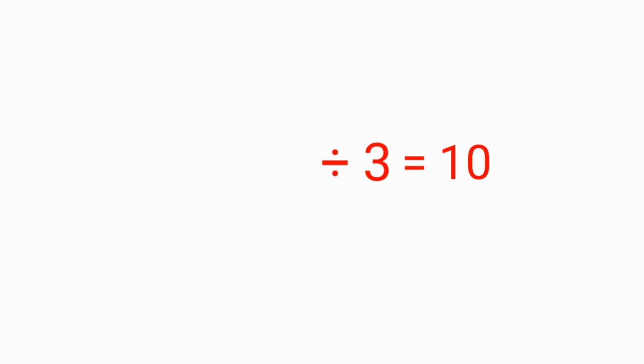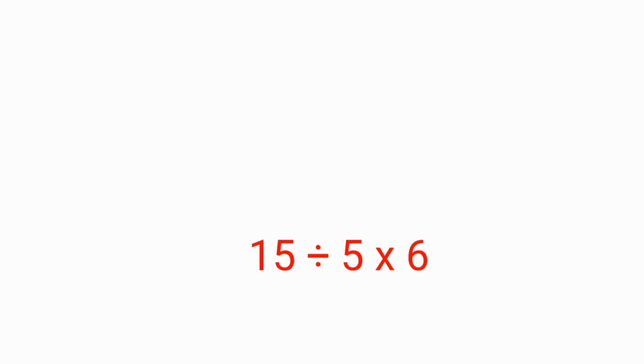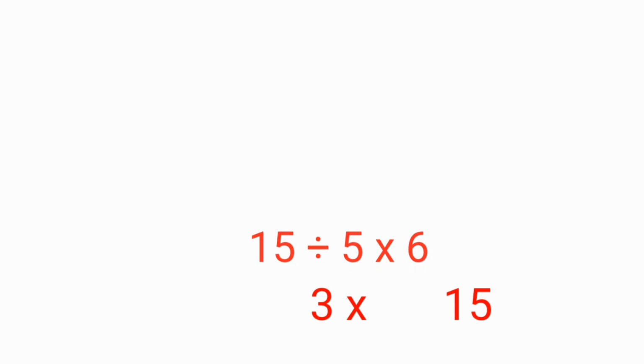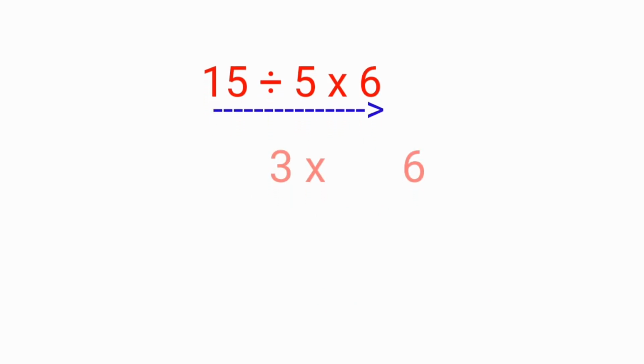However, if it is switched around and you have the division first, moving from left to right, then you must do that first. So 15 divided by 5 times 6. So 15 divided by 5, it gives you a 3. And then you say 3 times 6.